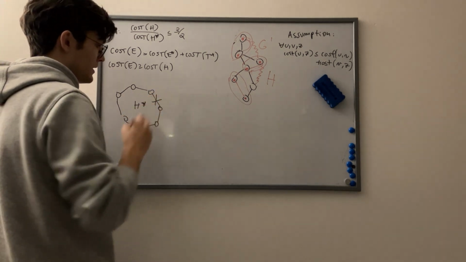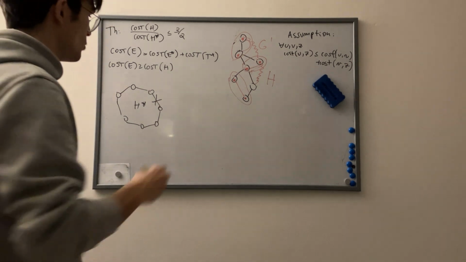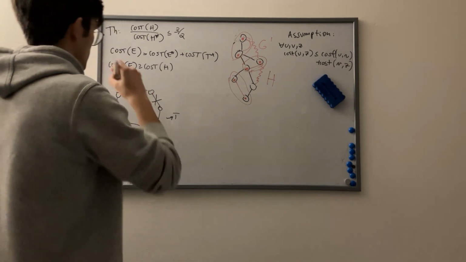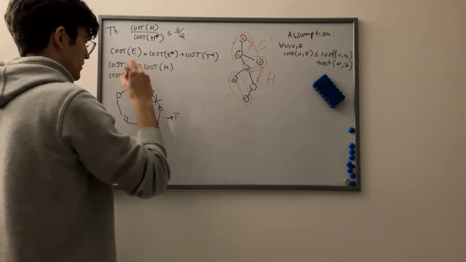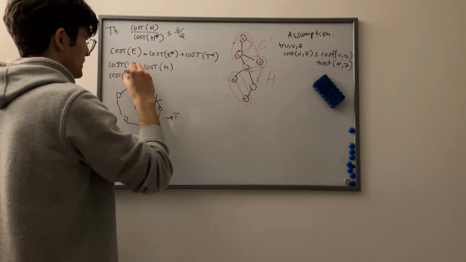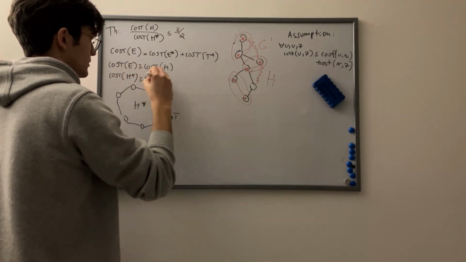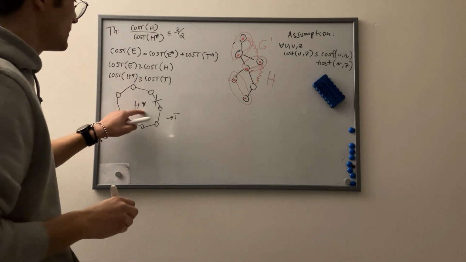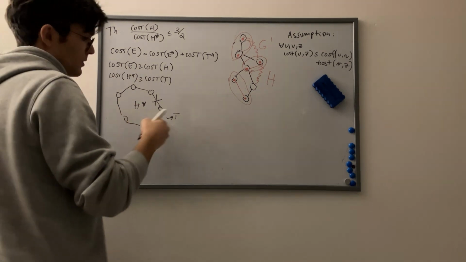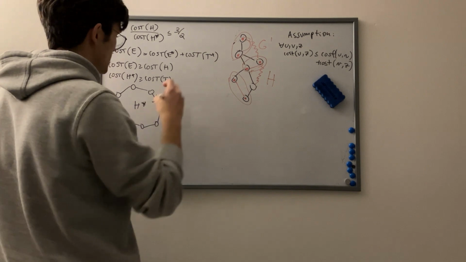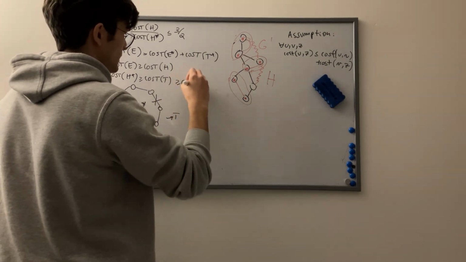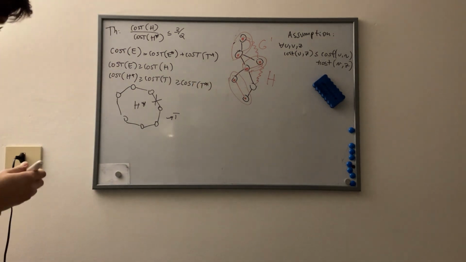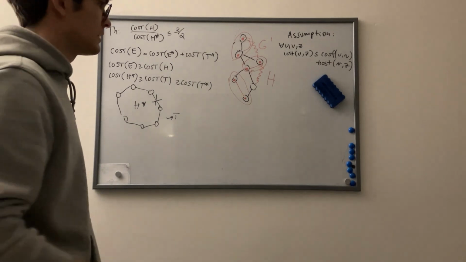If we remove an edge from here, then we obtain a generic spanning tree T, and we are sure that the cost of H star is greater or equal than the cost of T, because we obtained T by removing an edge from H star, and then we know that this is obviously greater or equal than the cost of T star. And this part is pretty similar to the two approximation algorithm.